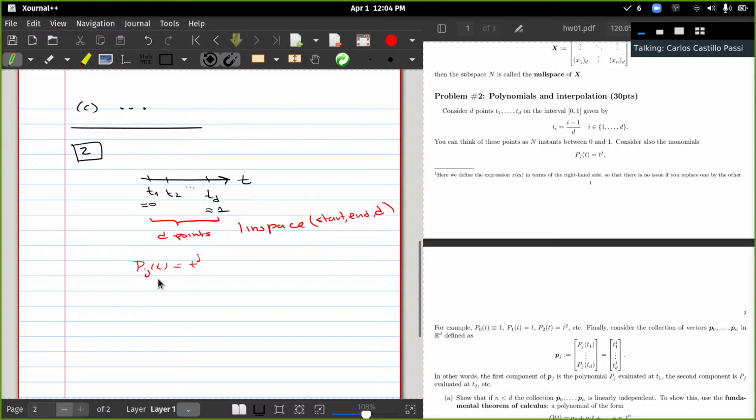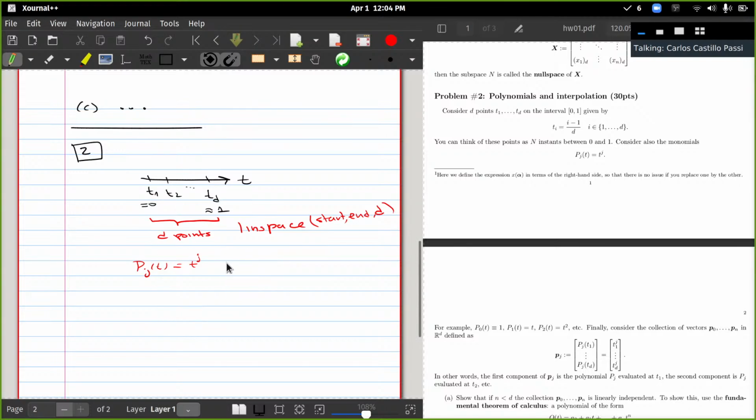Then consider also monomials. For example, we consider the collection of vectors p. So instead of vectors, we are using a function sampled in those coordinates.